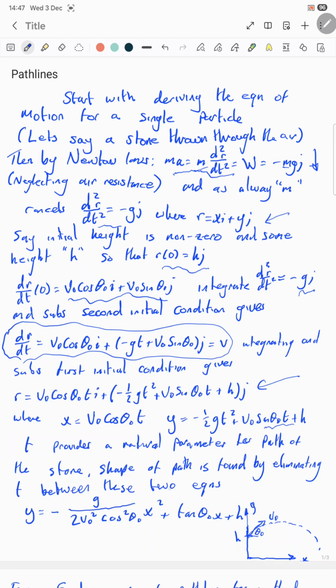The shape of the path is found by eliminating t between these two equations, which gives us this, and pictorially it will look something like this. Somebody here lobs a stone, it takes this path, which is this equation here.